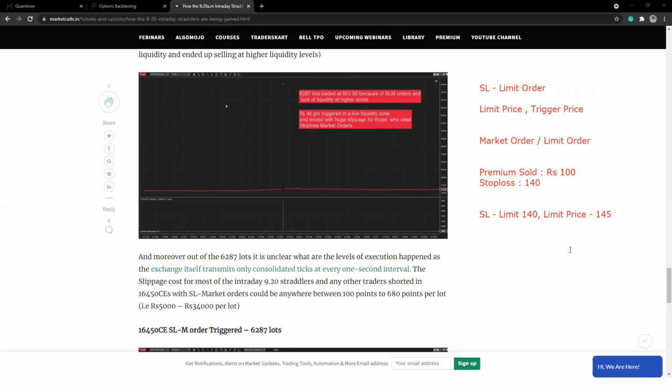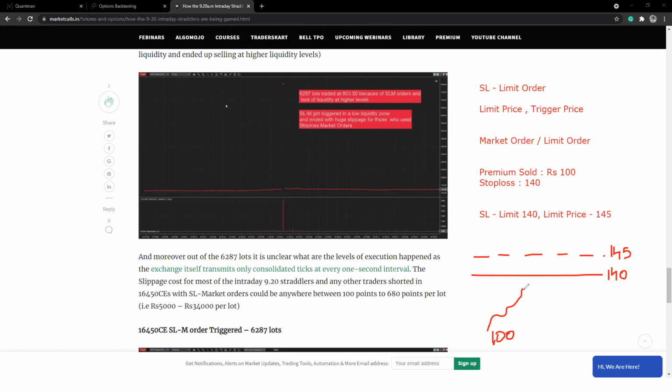Now in this case, what will happen? Listen very carefully. If the market is going up in a losing pace, like here is 100, and it is going to the 140 level, 140 is our trigger price, and here we also have 145.